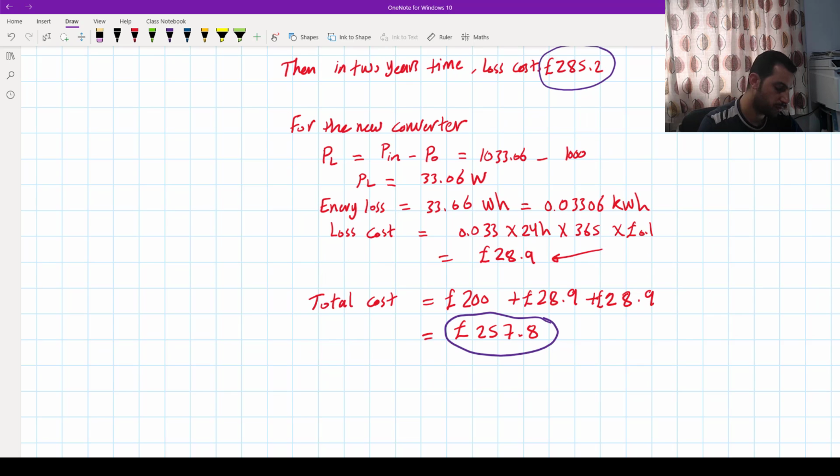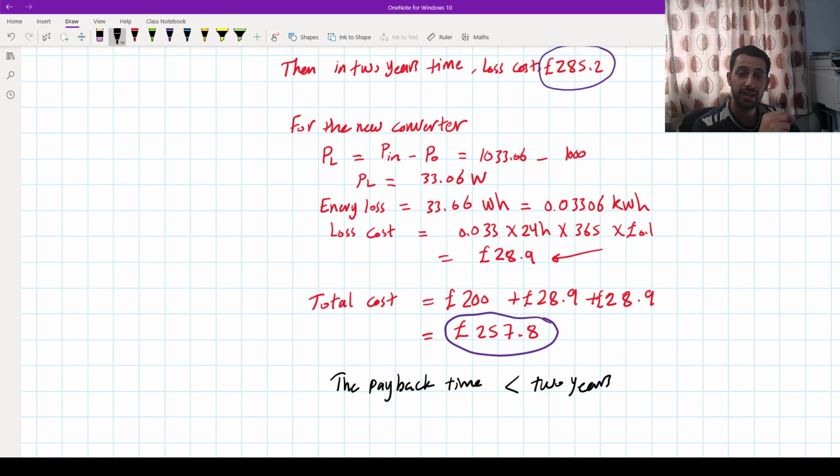So it means the payback time will be less than 2 years. That shows their claim didn't consider the current losses for the current converter, and they are just looking at what they're going to pay. They don't know that they will pay more if they kept the old converter. And now I think our offer is feasible.